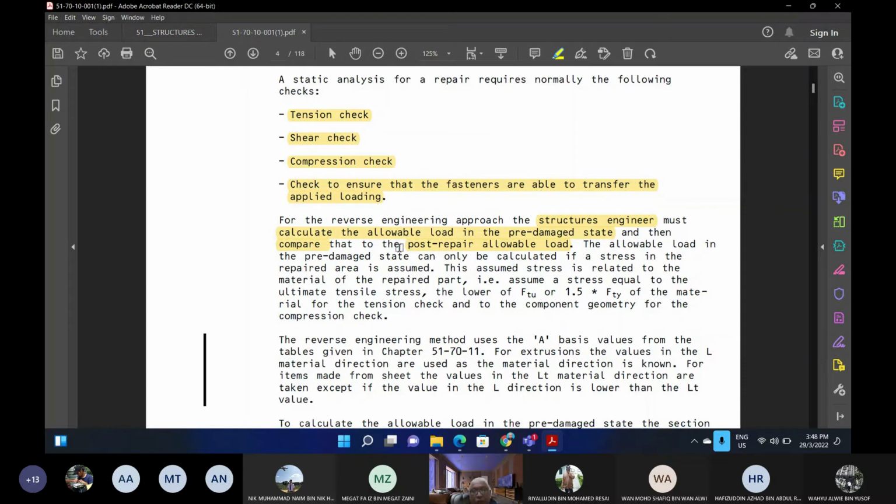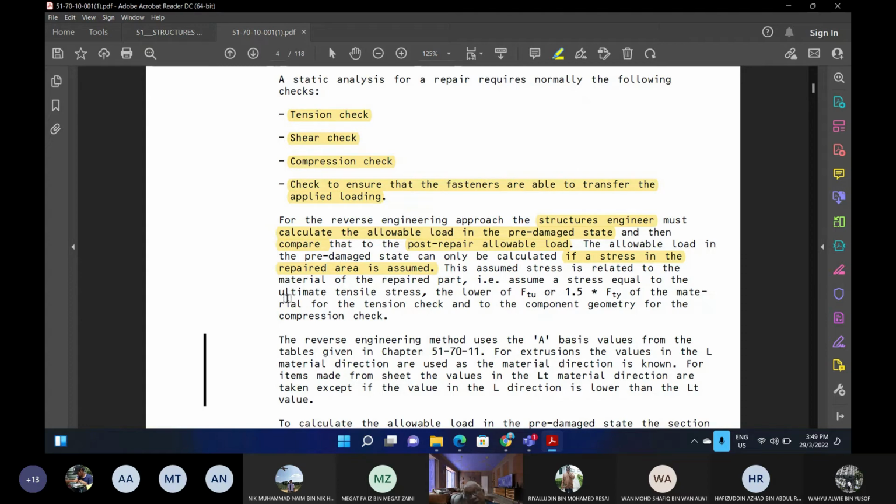So you can calculate the load only if the stress in the repair is assumed. So how to assume it? How to assume the stress? You must know the material. And then the material, you go to the table and then you determine what is the stress for that kind of material, for the thickness, for that material, for the direction of the grain of the material, and then for the major structure, secondary structure, primary structure.